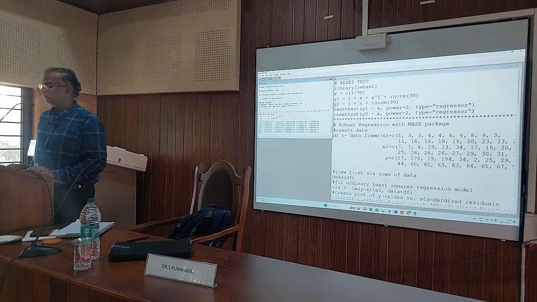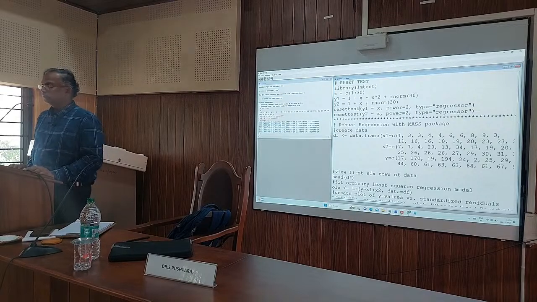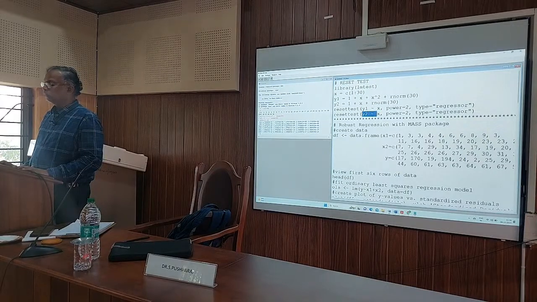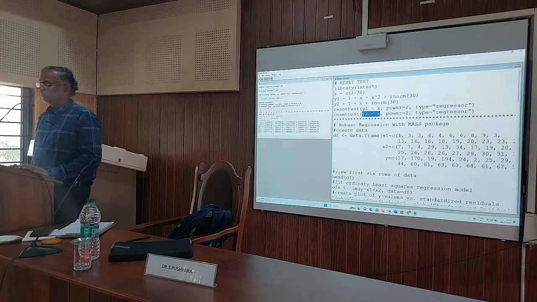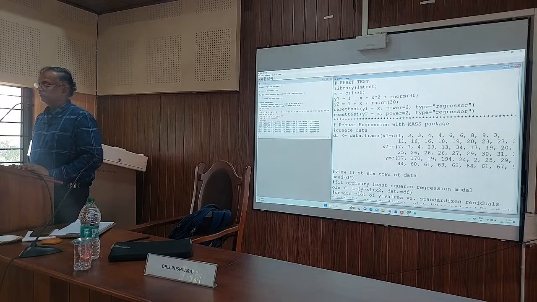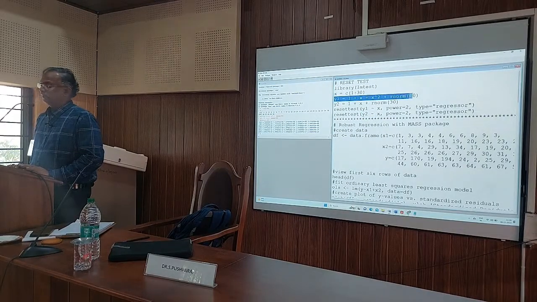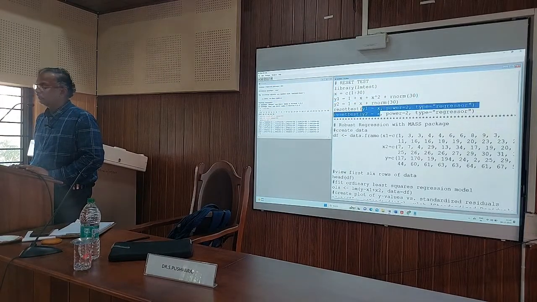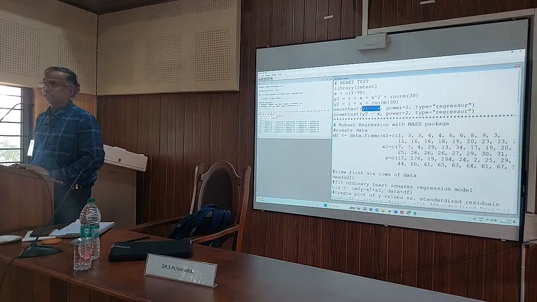Now we are testing. This is the first model, y1 on x. This is the second model, y2 on x. Here, this is the original y1. But we are modeling y1 as only a function of x.